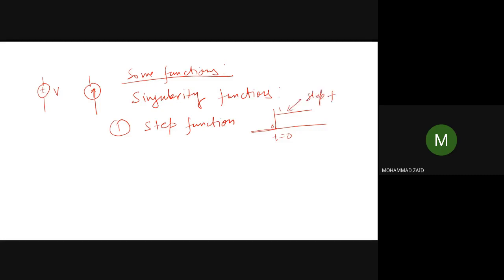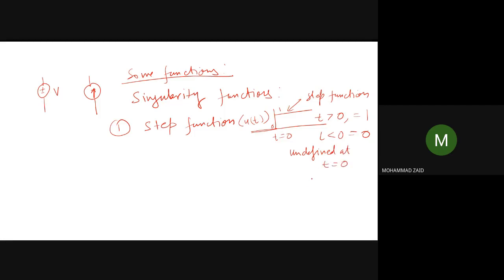This step function is defined for t greater than 0, where its value is equal to 1. It is famously called u(t), and for t less than 0 it is 0. It is undefined at t equal to 0.